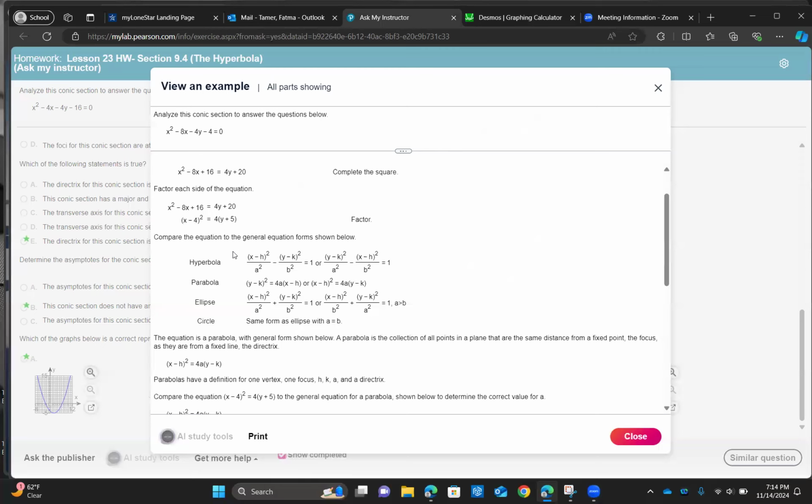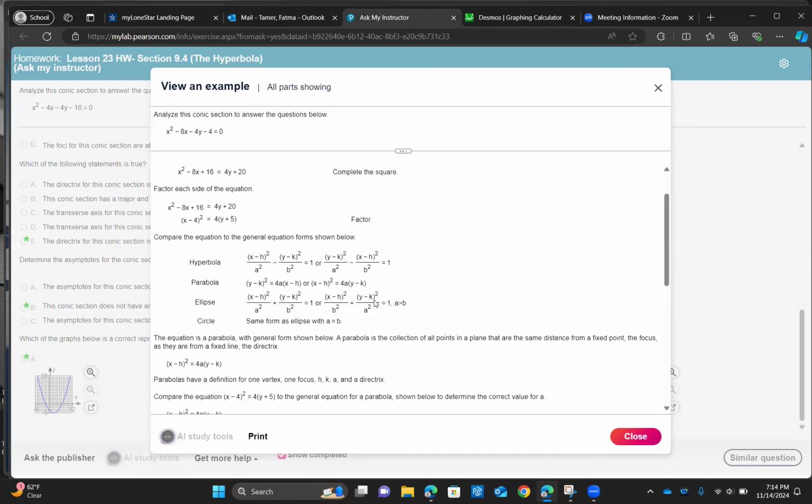For a hyperbola, this is the formula. There's a minus between the terms, or depending on the orientation, y might show up first and then the x. For a parabola, it's going to look like y minus k squared is equal to 4a times x minus h, or x minus h squared is equal to 4a times y minus k, depending on the orientation.